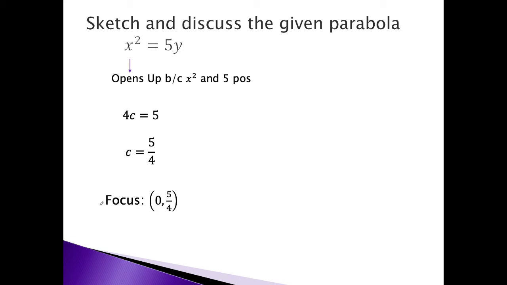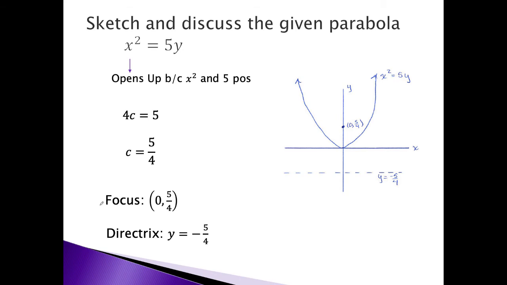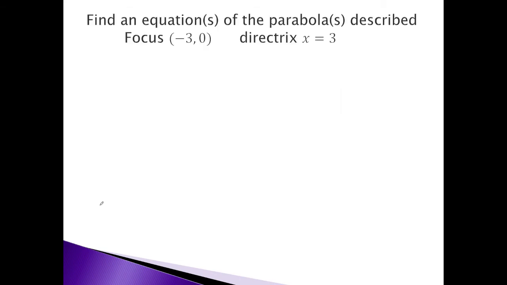That tells us our focus is (0, 5/4). Our directrix is y equals negative 5/4. Since we're opening upwards and our vertex, or center, is (0, 0), we know our axis of symmetry is the y-axis, which tells us that it's x equals 0, so we have the graph given.